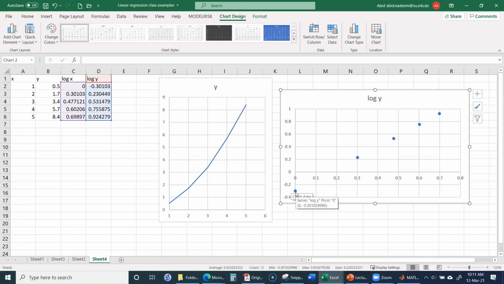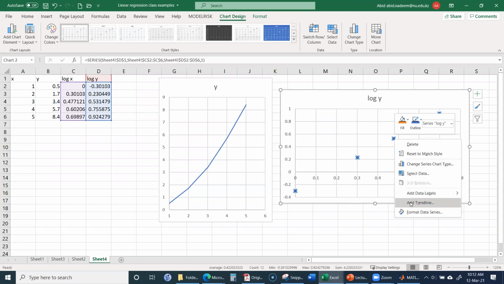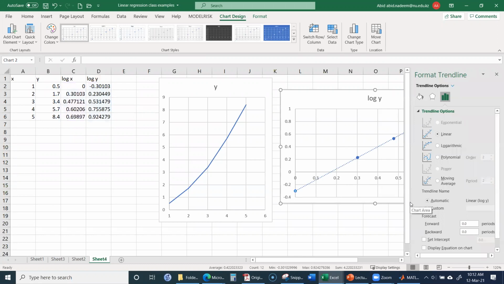So the distance between the first and the second point is large because we are now representing it on the log scale. But these points are now in the straight line. And then you can see that its y-intercept is almost minus 0.3. And we can also find its slope as well. So we can add a trend line as well, and that may be linear.